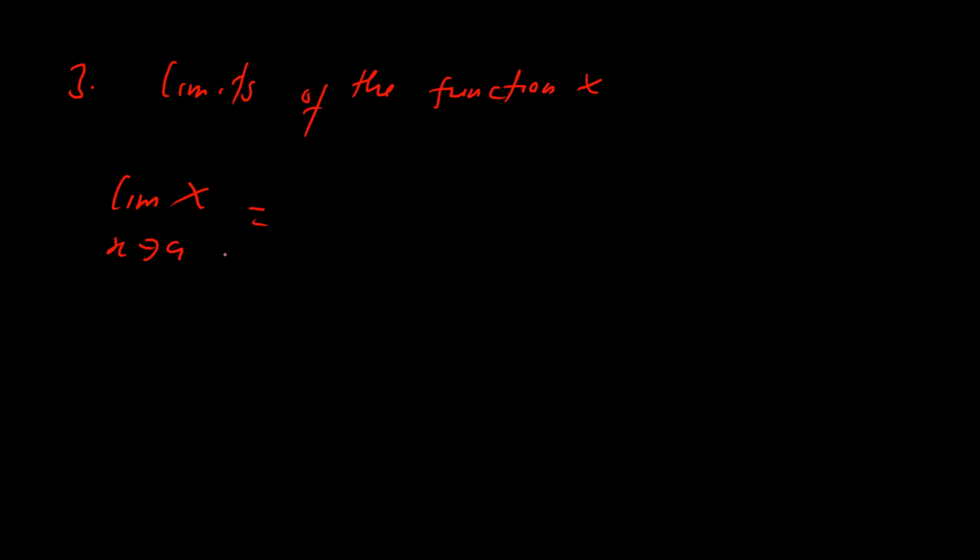Alright, I guess you've given the correct answer. It's going to be a, because you will just substitute a into the function. For instance, if you have limit of x as x approaches 5, then this is going to be 5. And what we've done is that we've plugged in the value 5 into the function x.